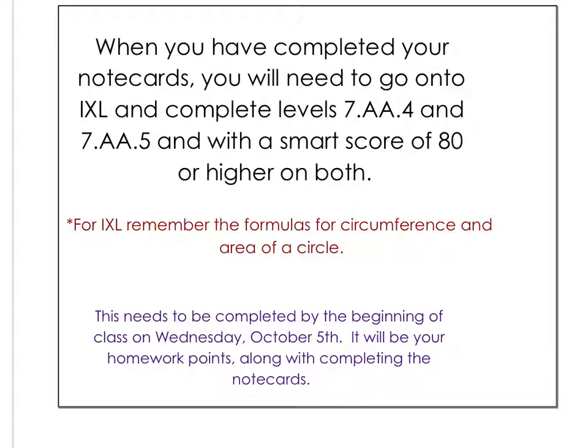You can see your SMART score down in the right-hand corner when you're completing IXL. 7.8A.4 is circumference of a circle, so that is pi times diameter, or 2 pi r. And 7.8A.5 is what you're really going to look at tomorrow in algebra, and that is area of a circle, so that's pi r squared.